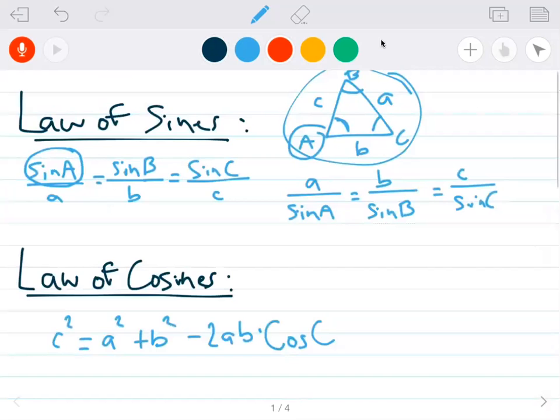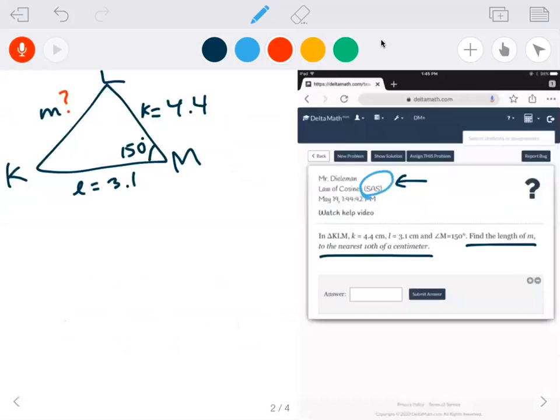So refer back to what this law is: c squared equals a squared plus b squared minus 2 times a times b times cosine of C. In any case, we could swap this and make it become A, B, and C, but it's okay. I always just treat it in the order. KLM is going to be the same thing as A, B, C. So we'll just treat it like that.